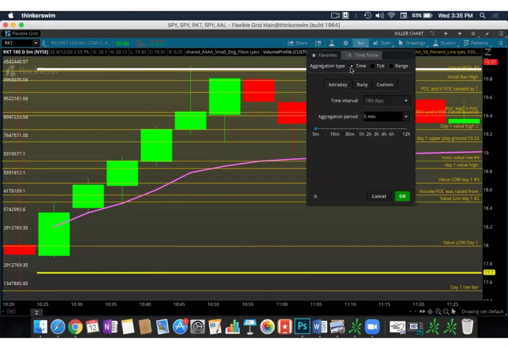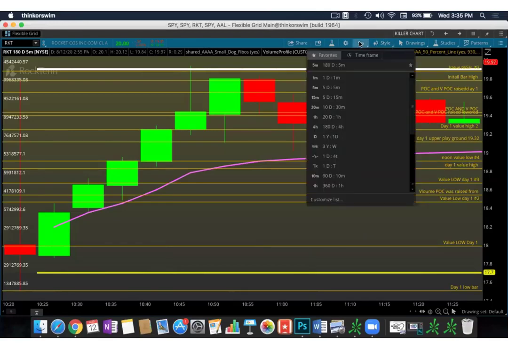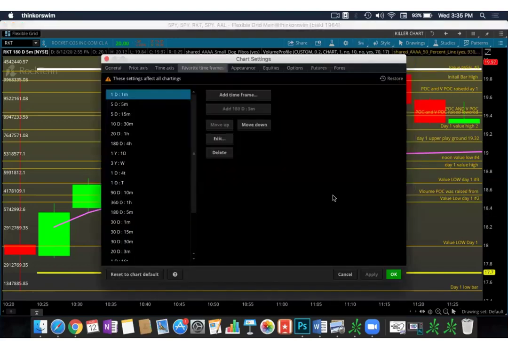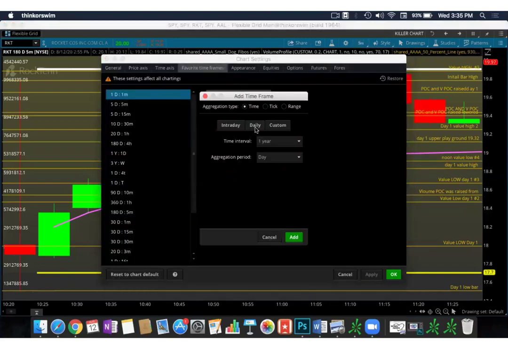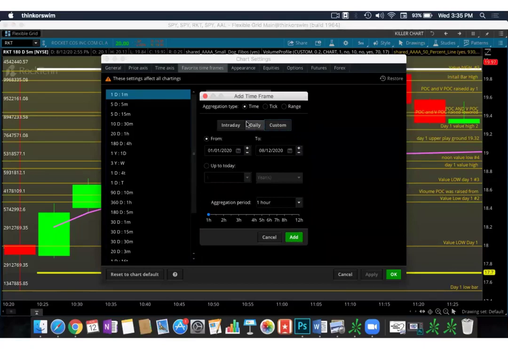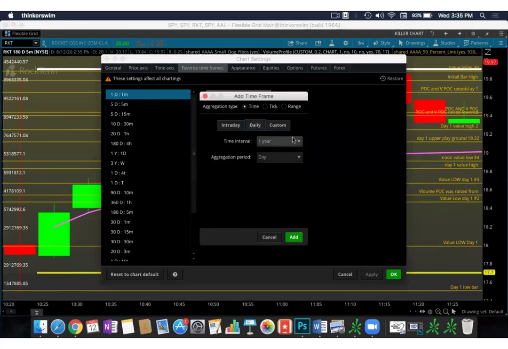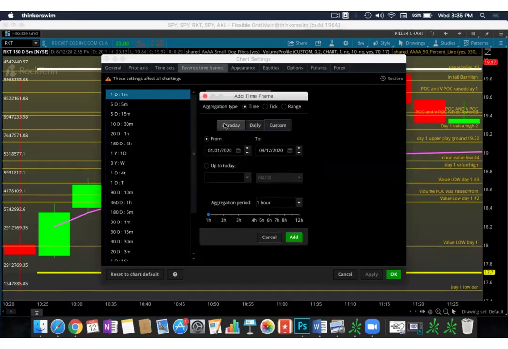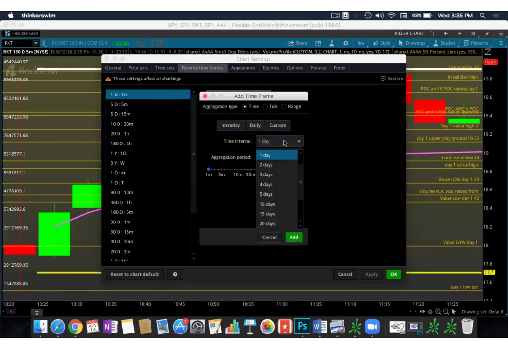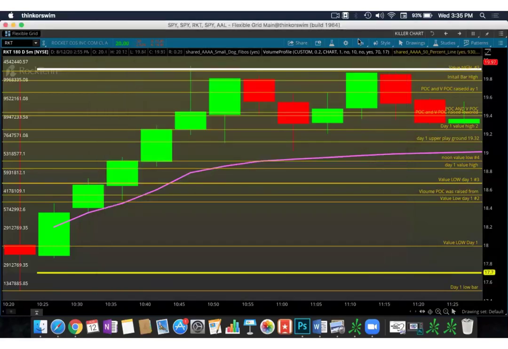So let's do daily and change that time interval to like 10 days or whatever. Customize it. If you go back to 10 days, yeah, daily customize. Yeah, there you go. From the custom or intraday. Intraday, yeah, intraday you could go, I think 10 days. Yeah, 20 days. Let's go 20 days or whatever. There you go. That will give you. Then go 20 days. Okay, let's add the time frame.